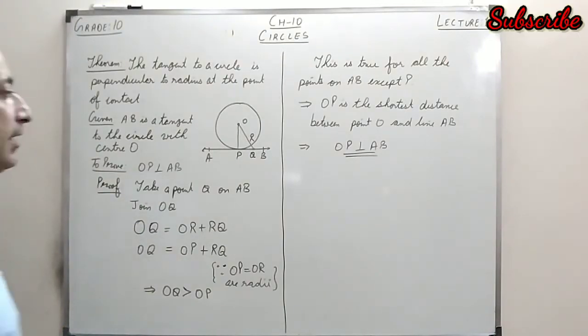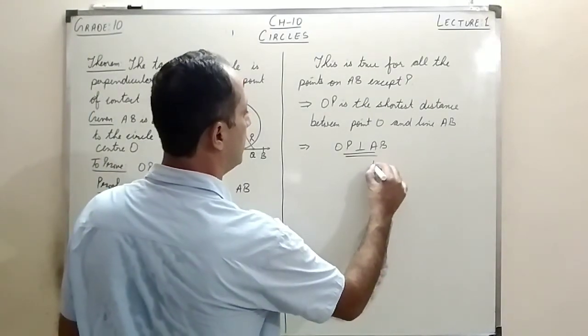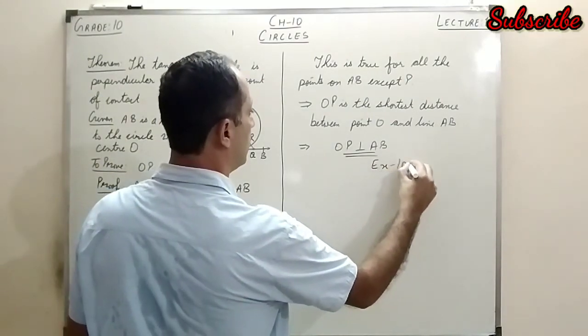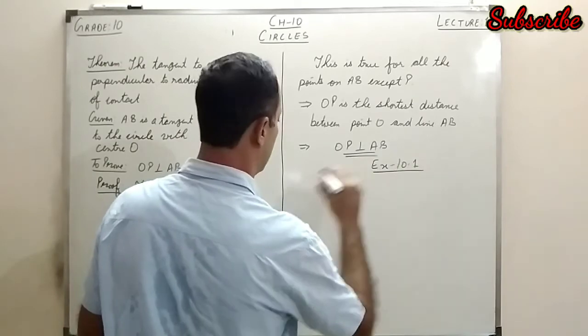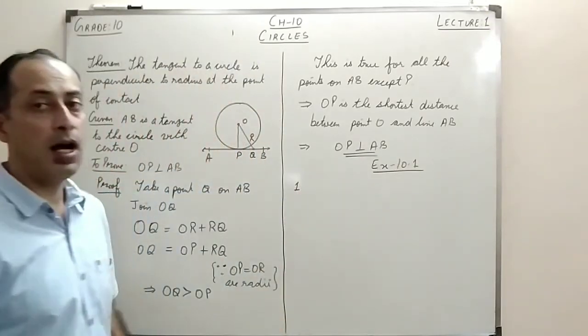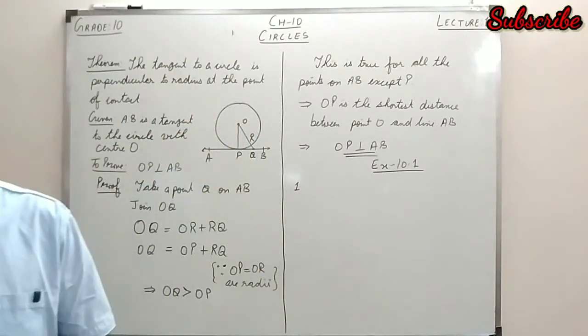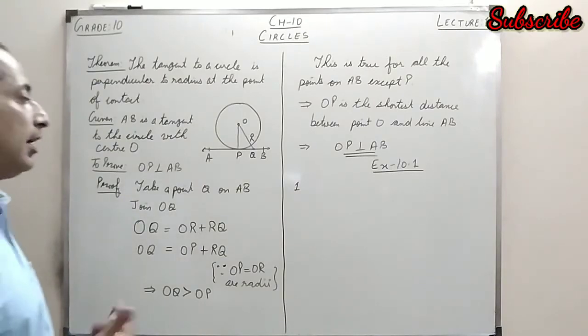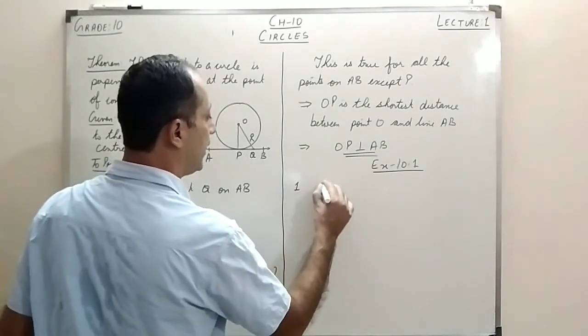Now we go to exercise 10.1, quite simple. The first question they have asked: how many tangents can a circle have? A circle can have infinite tangents.